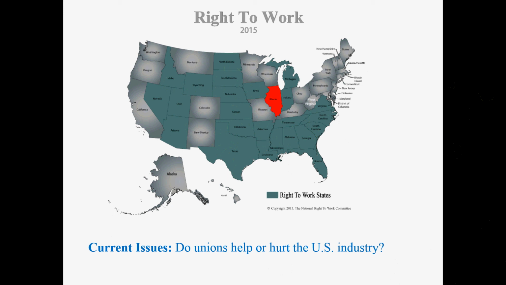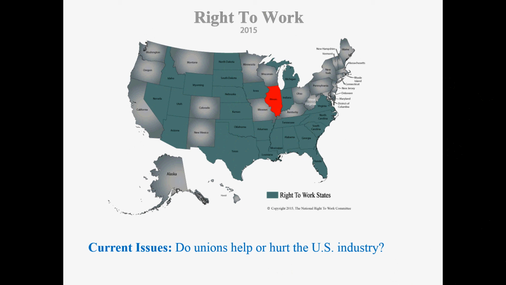On the other hand, in the North, where industry has a longer history and workers' unions are stronger, you see fewer right to work states. In the West, you have just several liberal states on the coast, so they also are not right to work states.